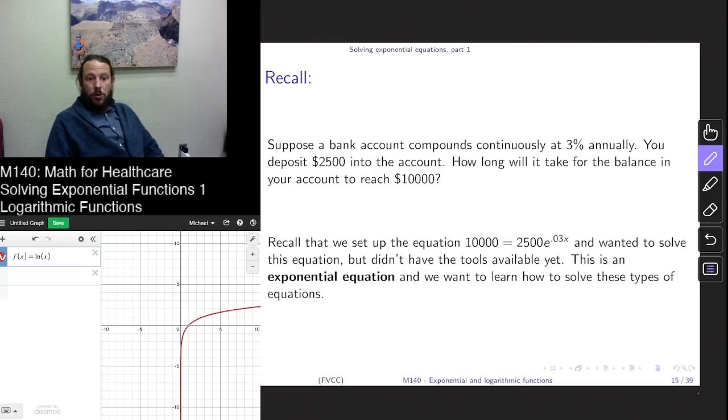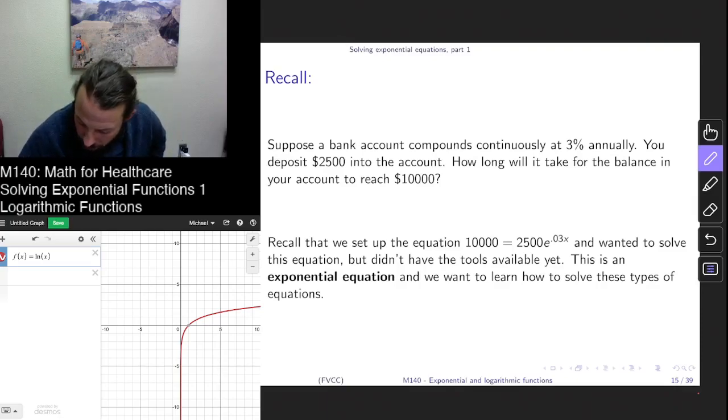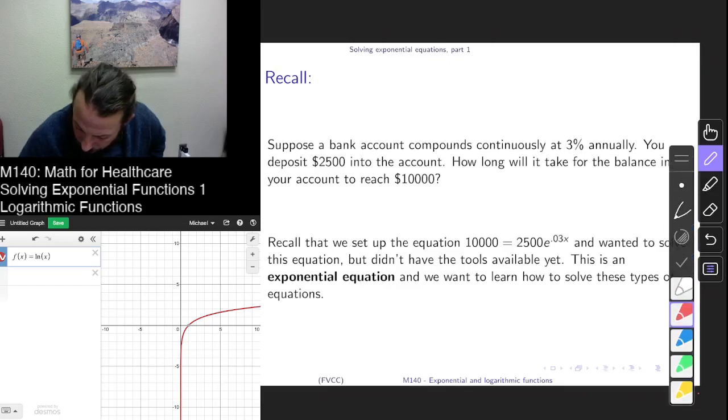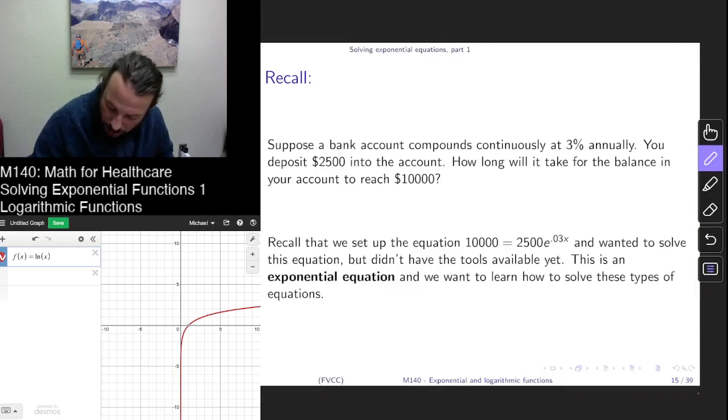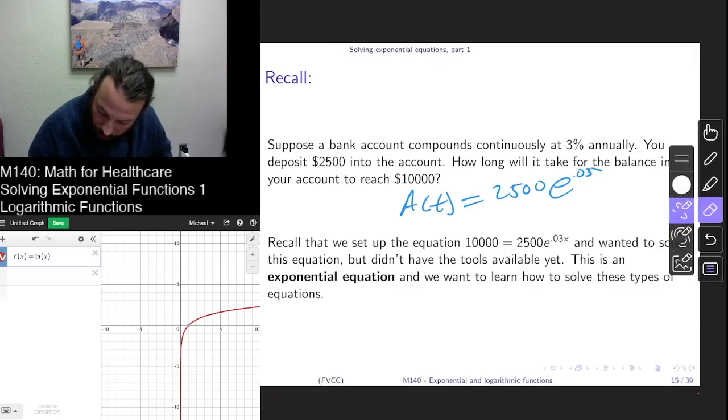Recall that we set up the equation. Remember, modeling this, the equation is A of t equals 2,500 e to the 0.03. Well, I'll make it a function of x, just to match the slide here.